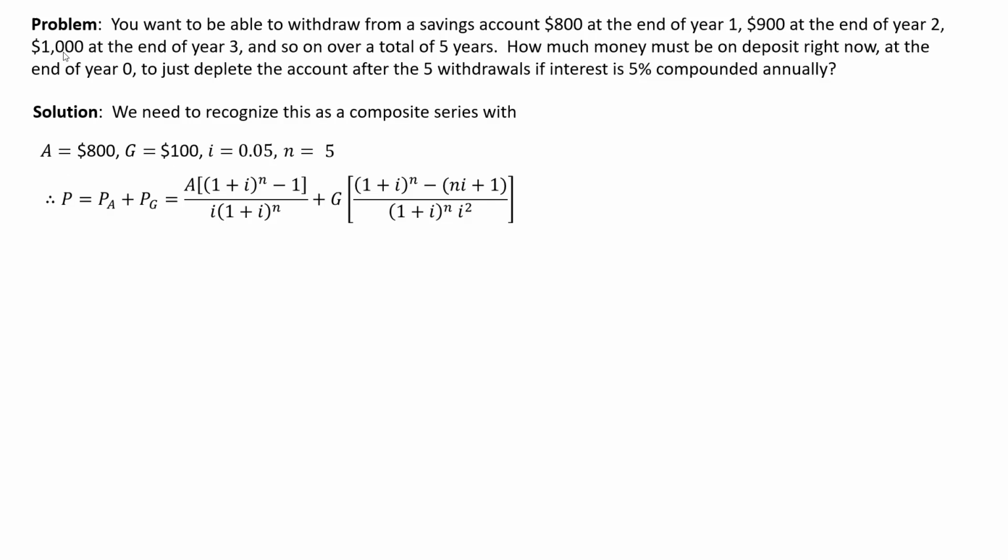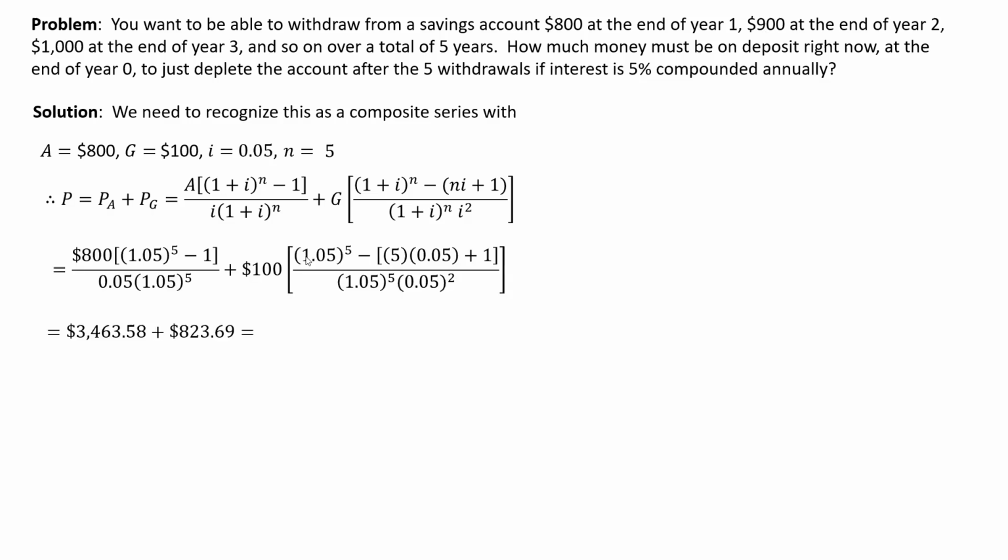And this 1,000 is 2 times 100. 1 times 100 is the extra amount at the end of year 2, and 2 times 100 is the extra amount after that, 3 times 100 and so on. So G is 100. Plug and chug, you get this amount. That is the present value of these withdrawals.